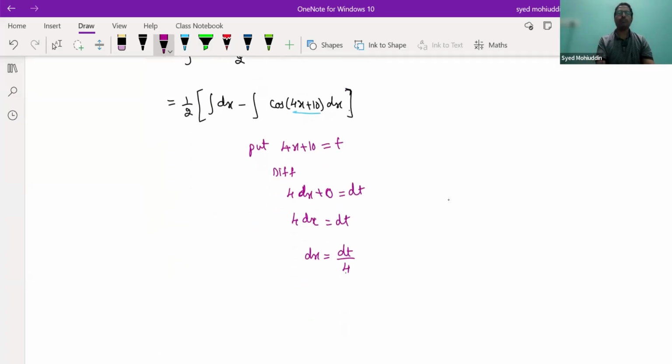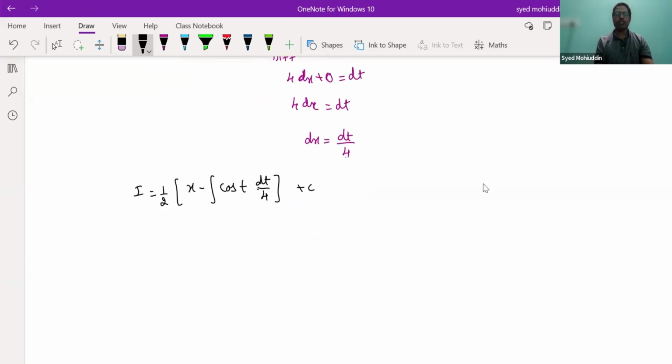Now just put this value of dx, dt by 4, back in the given integral. So you have the integral I equals half times integral of dx. Integral of dx will be x, minus, now it is integral of cos of 4x plus 10, which I have taken as t, and dx I have taken as dt by 4. Since I'm integrating, I need to add the constant of integration.